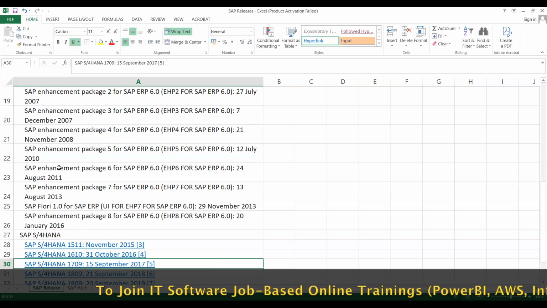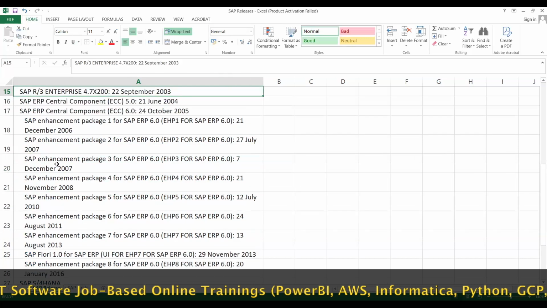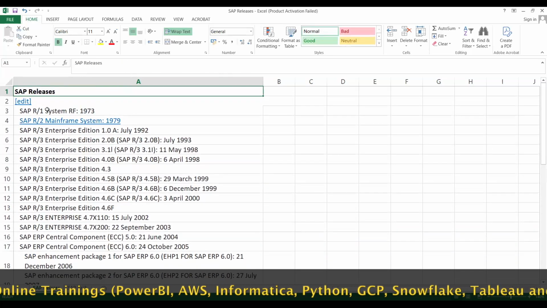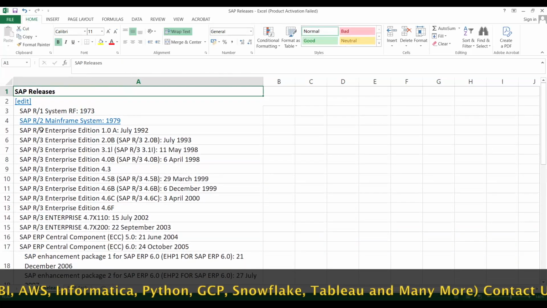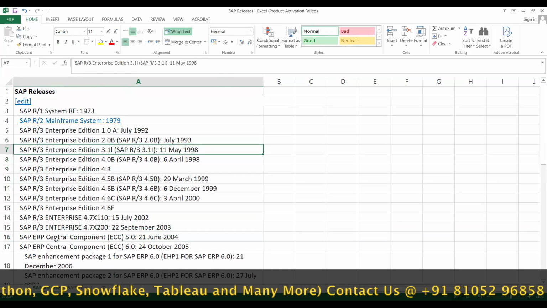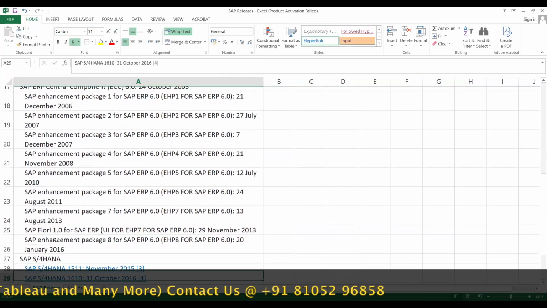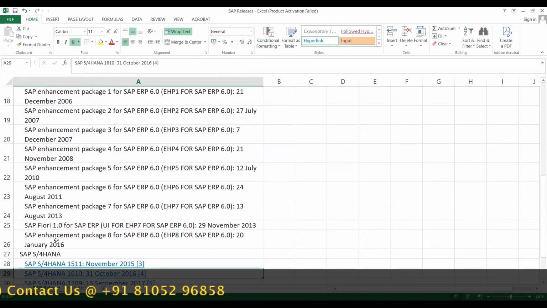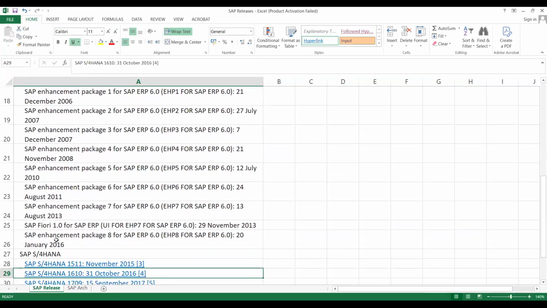You can see the versions are like R1, R2, R3, right? First they released R1, then R2, then R3. R3 has different versions which they went through. As a particular version release or big step from a software point of view, this is the 4th generation of SAP which was launched.